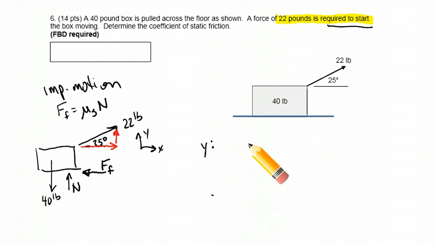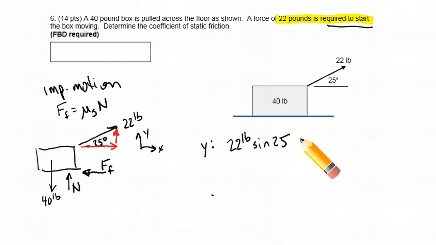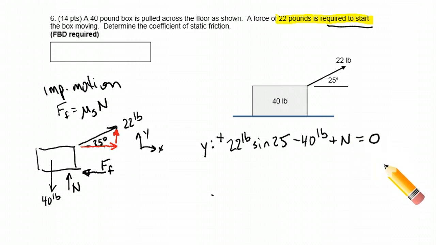So that y component is going to be 22 pounds times the sine of 25, and that's going upward, so it's positive. We have a minus 40 pounds going down, and we have N going up, and no acceleration.